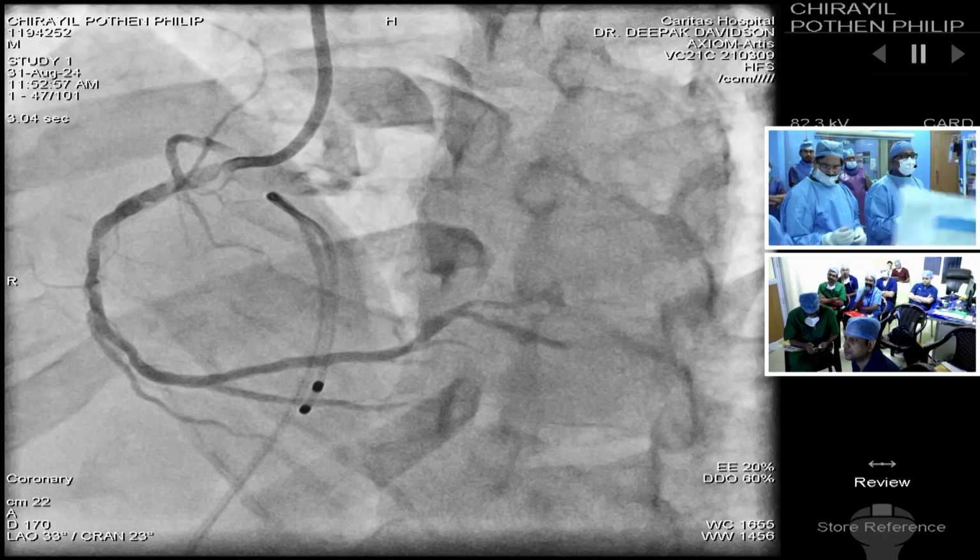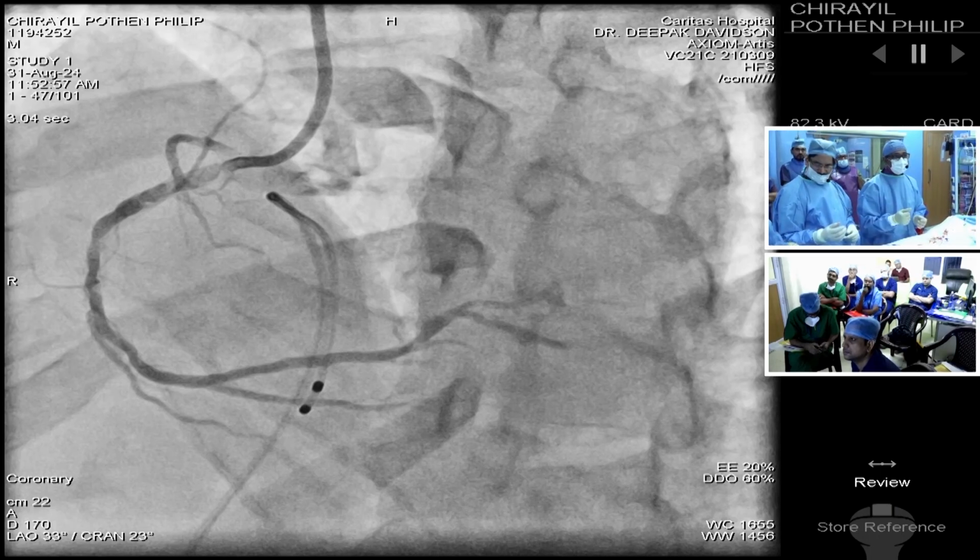We'll initially take an OCT run. After the OCT pullback, we'll go with the orbital.